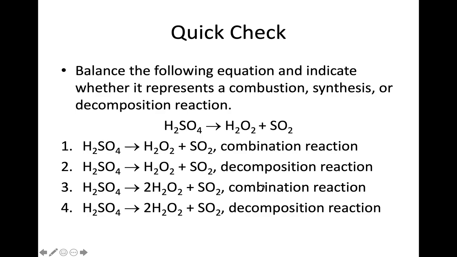Shouldn't even say combination, synthesis. We only got 1 thing on this side, so we're decomposing. The question is, which one's balanced? If you pick number 2, you'd be right. 2 hydrogens in, 2 hydrogens out. 4 oxygens in, 2 plus 4 oxygens out. 1 sulfur in, 1 sulfur out.